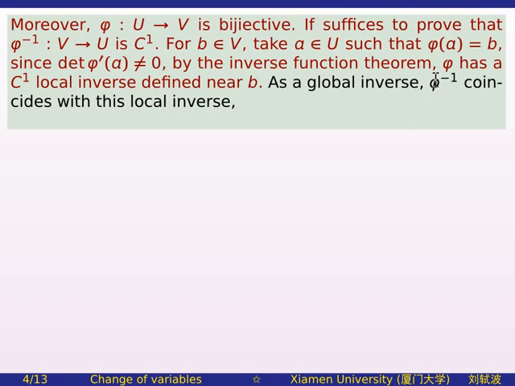Therefore, the inverse of phi coincides with this C1 local inverse. This means that the inverse is C1 near this point B. So it is C1 everywhere. So the inverse is a C1 map from V to U. So this completes the proof that phi is a diffeomorphism. Okay, so this proves our proposition.